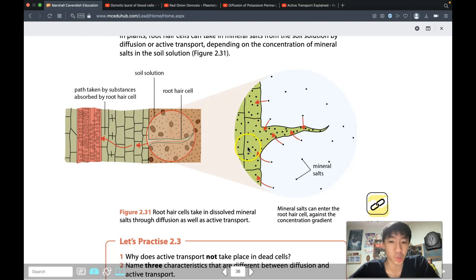So that means that the initial concentration of salt in the cell is higher than outside of the cell. But yet, mineral salts are very important to the growth of a plant. So the root hair cells want to absorb as much as possible of it. So it's going to start to absorb mineral salts using active transport.